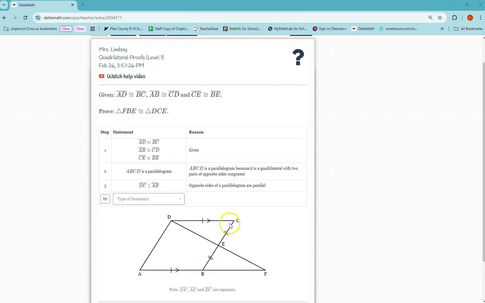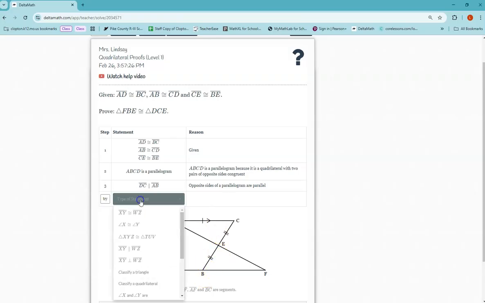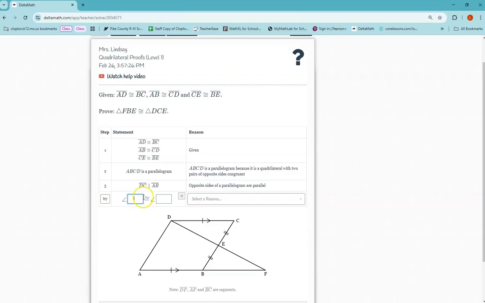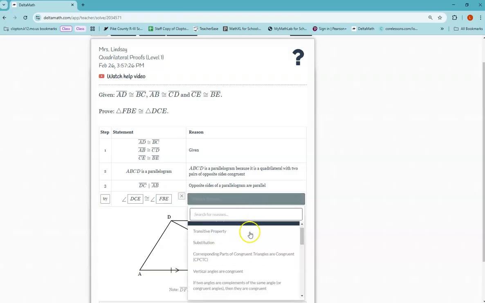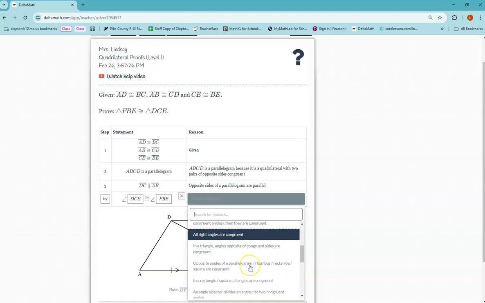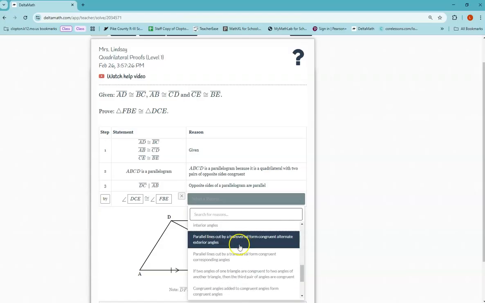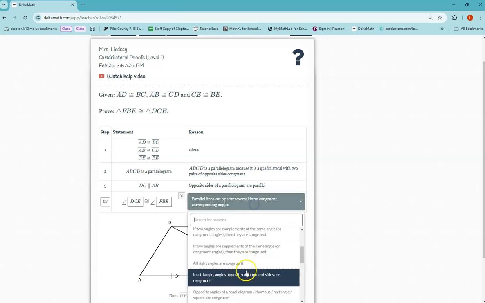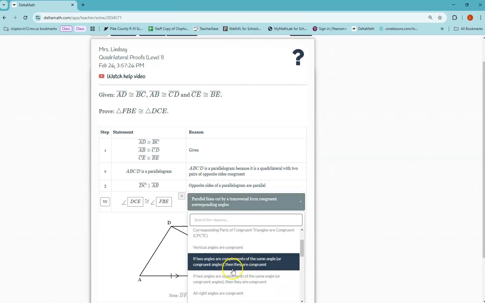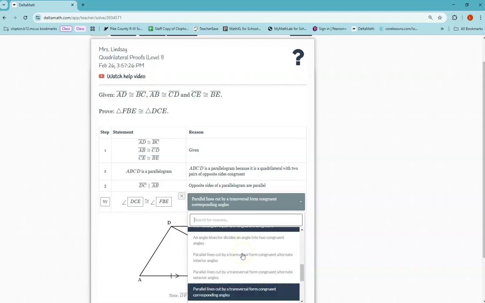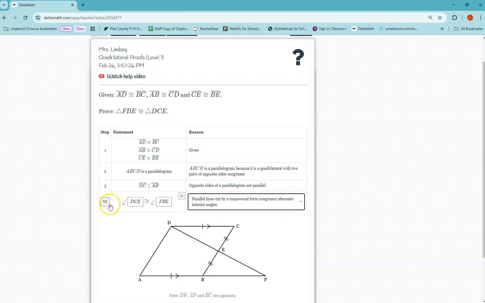Because this is a transversal, those are alternate interior angles. They should be congruent. So let's talk about those two angles being congruent. DCE is congruent to FBE. Okay, parallel lines, where are you? Not corresponding, that's the wrong one. Okay, there we go.